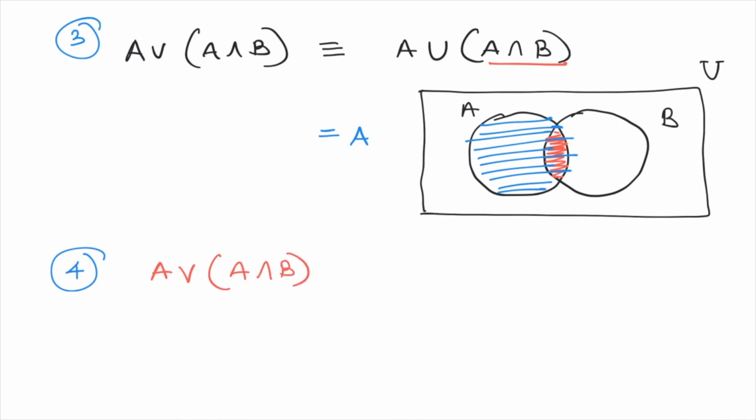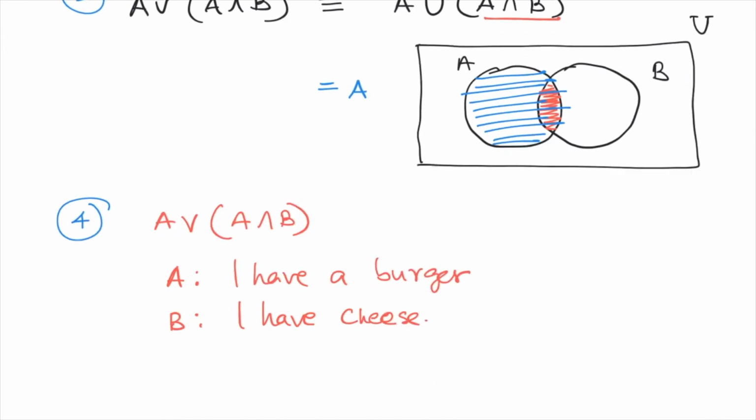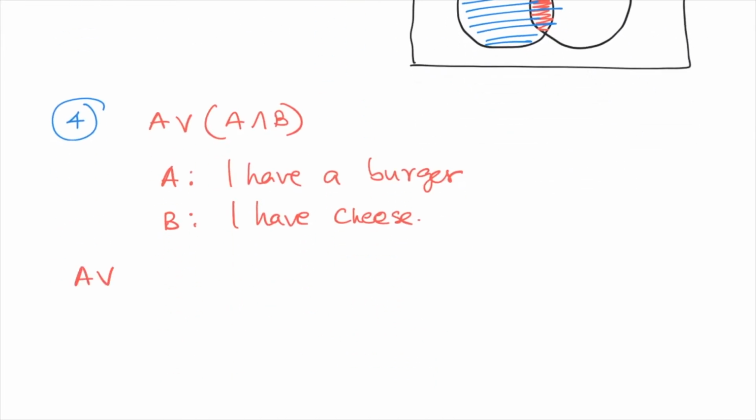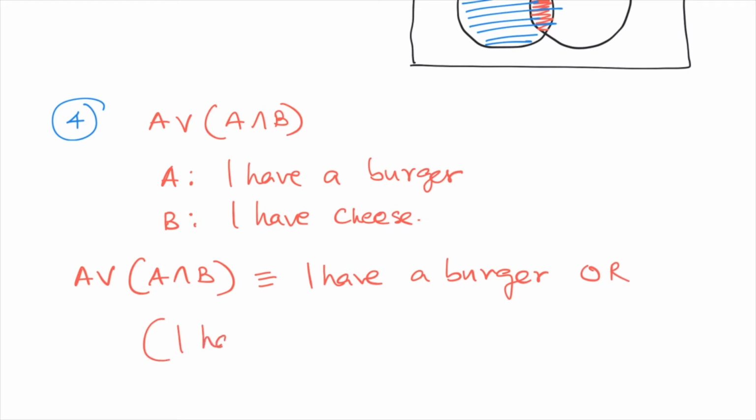Let's say statement A is I have a burger, and B stands for I have cheese. Now, what does A or A and B stand for? It is equivalent to I have a burger or I have a burger and cheese.